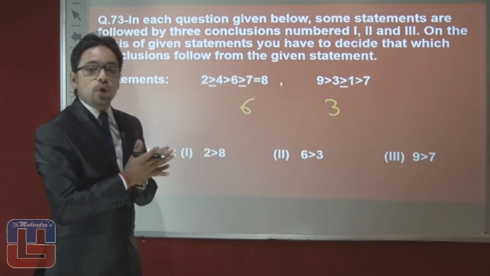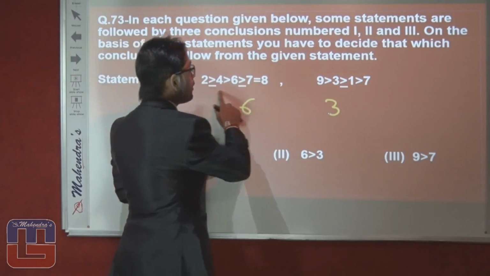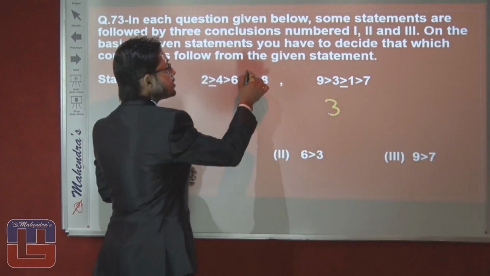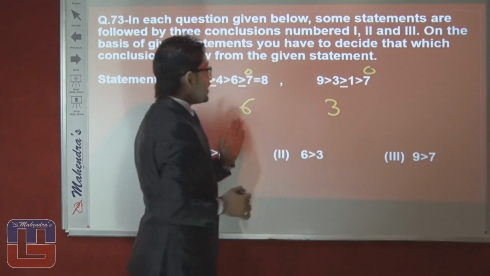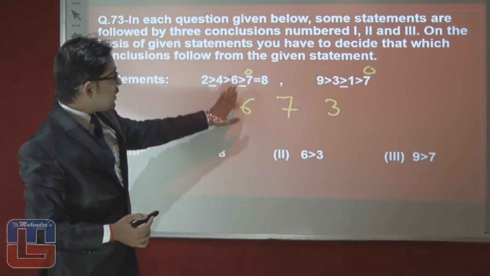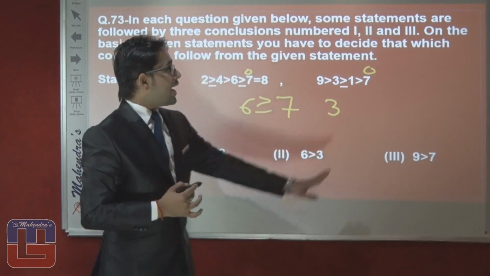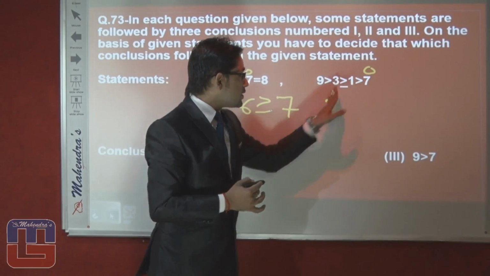Now we have to find out the common term between both statements. We can say that the common term is 7, which exists in both statements. You can look over here: 6 is greater than or equal to 7, and 7 is smaller than 3.